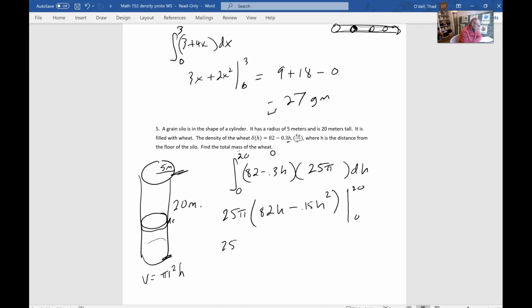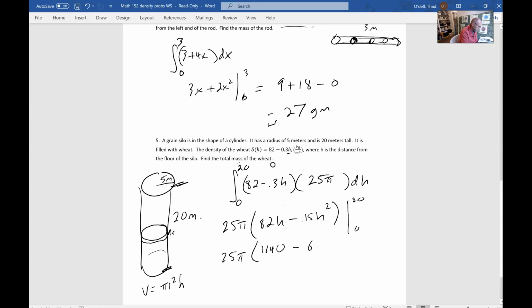So that'd be 25 pi times 82 times 20, which is 1640, minus 400, because that's 20 squared, times 0.15. So that'd be minus 60, and put a 0 in there, it'd be 0, so it would just be that.